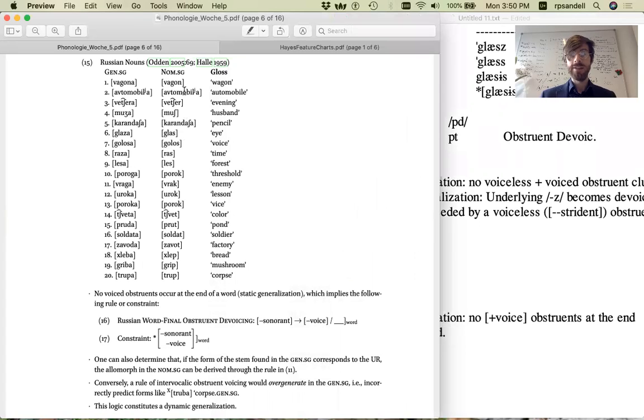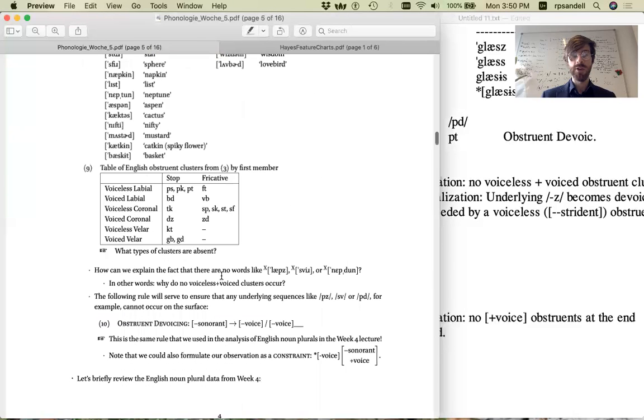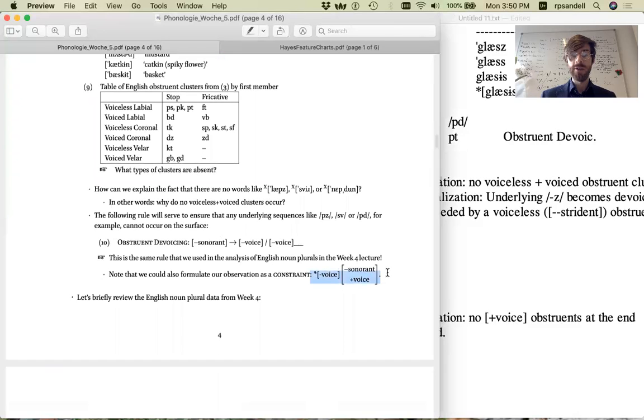And that observation about the nominative singular forms and the phonological content of those words could be explained through a rule of word final obstruent devoicing, which says that if there is a non-sonorant segment and it stands at the right edge of a word, it becomes devoiced. And that can also be expressed as a constraint, once again, just as I mentioned that we could express our observation about allowable clusters of obstruents in English using a constraint.